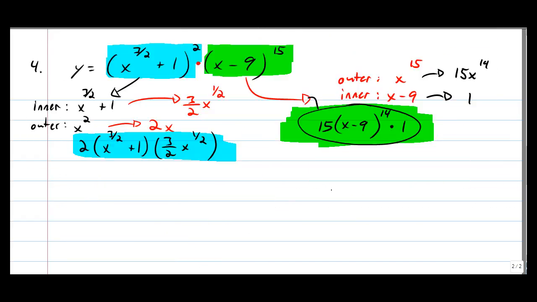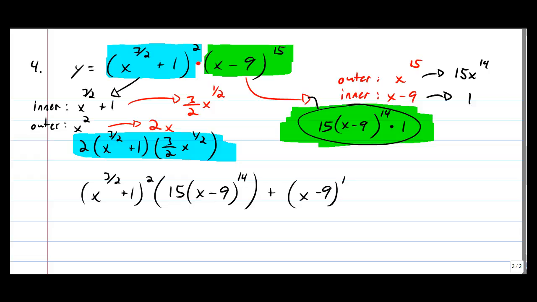Okay, so I'm gonna go x to the 3 halves plus 1 squared times 15 x minus 9 to the 14th plus the second function left alone, x minus 9 to the 15th times the derivative of the blue one, which was 2 x to the 3 halves plus 1 times 3 halves x to the 1 half.